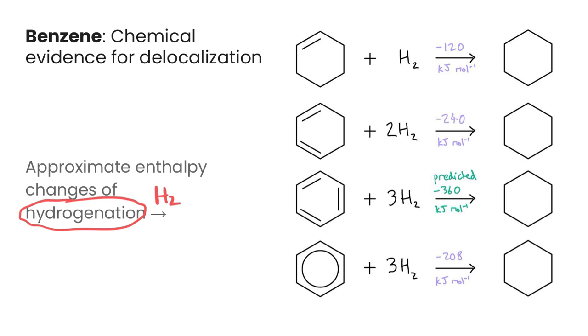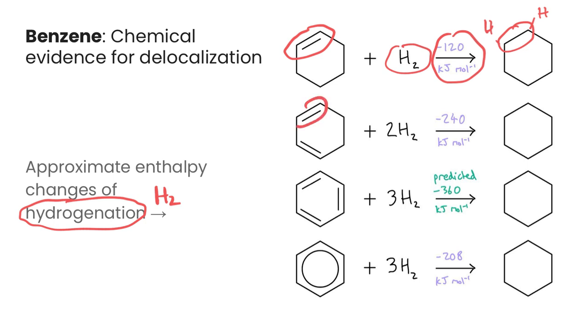If we took a look at a ring structure with just one double bond and added hydrogen, it takes about 120 kilojoules per mole to break that double bond and create our single bonds. So we've added an extra hydrogen across this double bond. Again, it doesn't really matter about the specifics of the reaction right now. We're just going through the chemical evidence here.